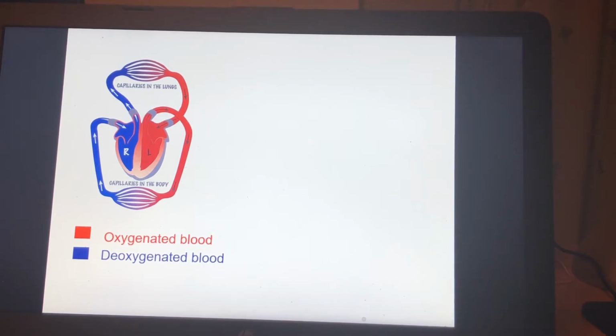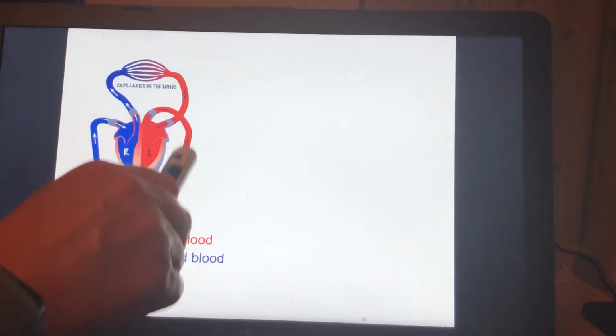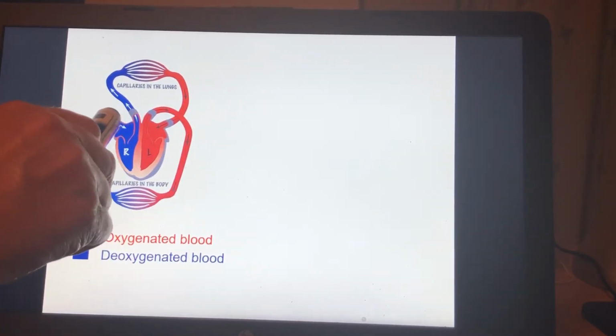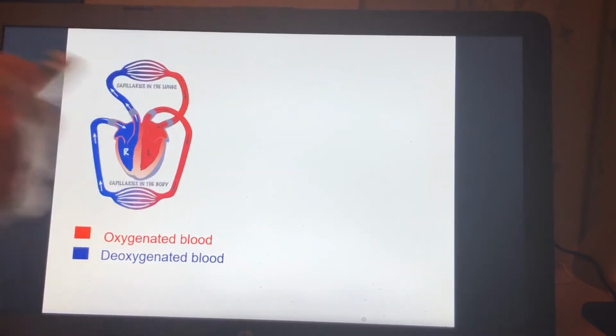Now, if we look at that, we can see that there's really two circulatory systems, one supplying the rest of your body, or all of your body except for the lungs, because they have their own circulatory system.